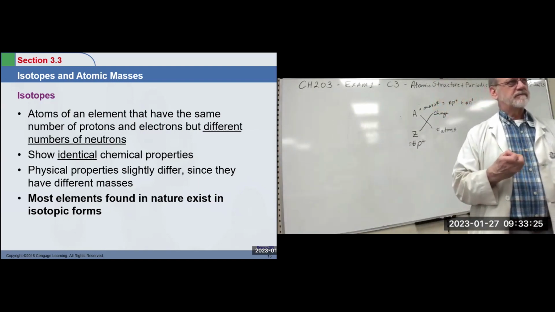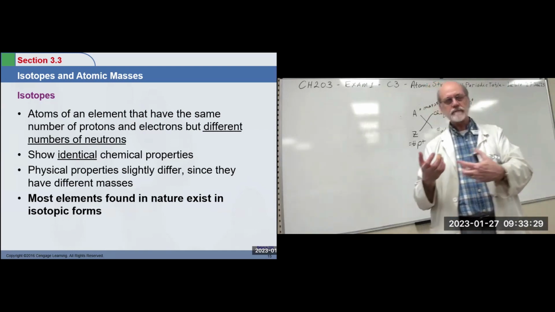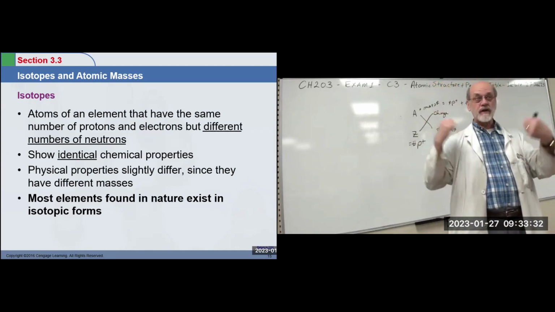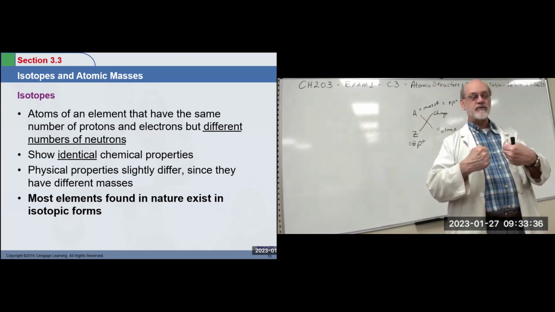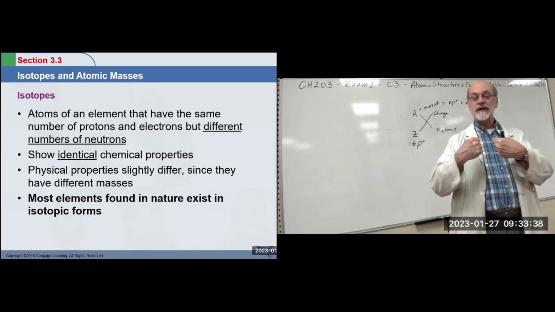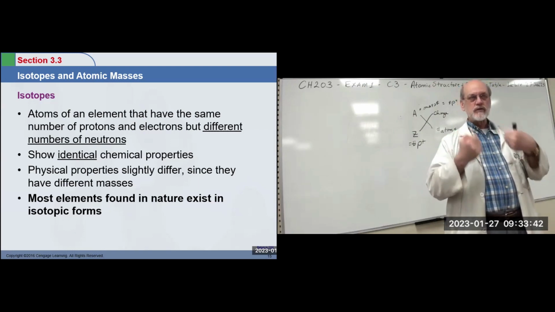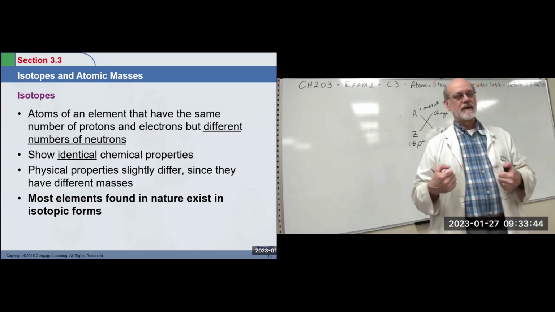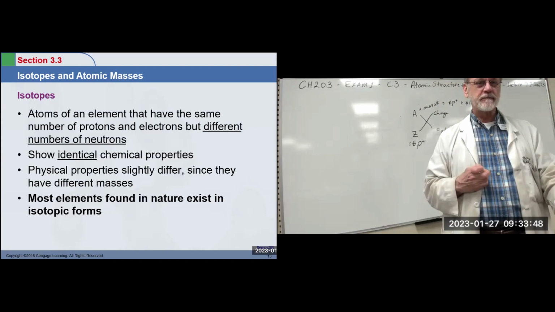Well, we could, but we don't know it until we try to react it with something. And when two atoms approach one another, what do they see first? They see electrons. So the chemistry between two atoms of different elements, or of the same elements, is due to their electrons. And of course, if they're neutral, that's the same number as the protons.